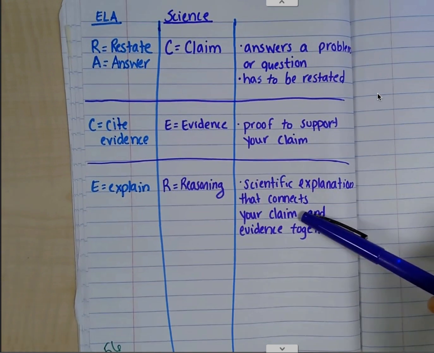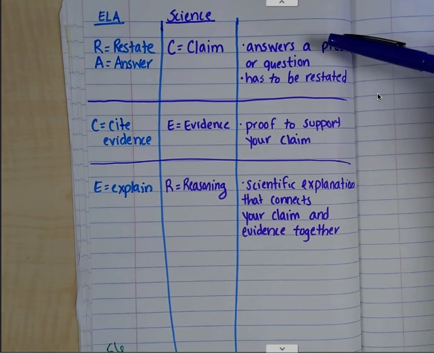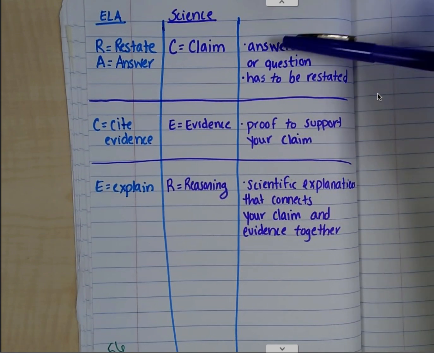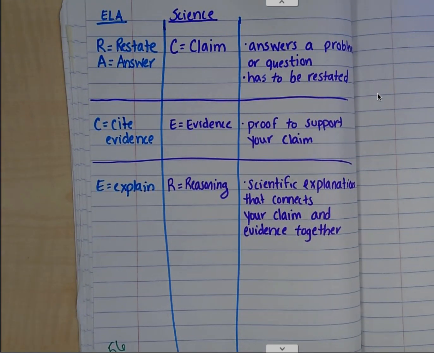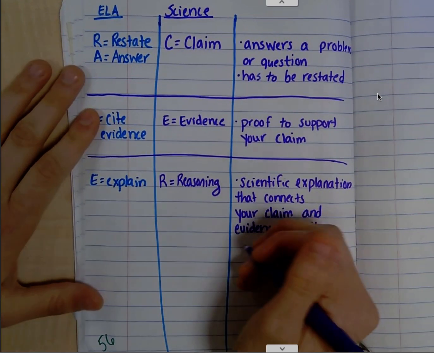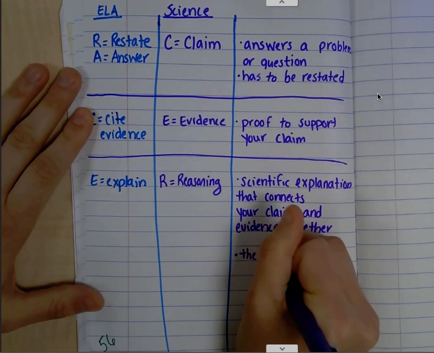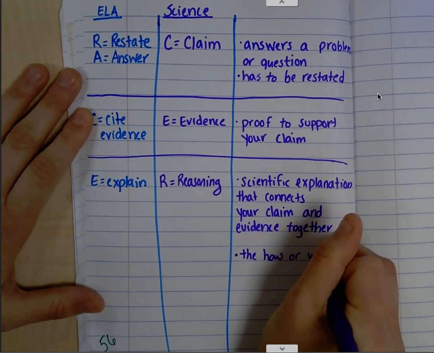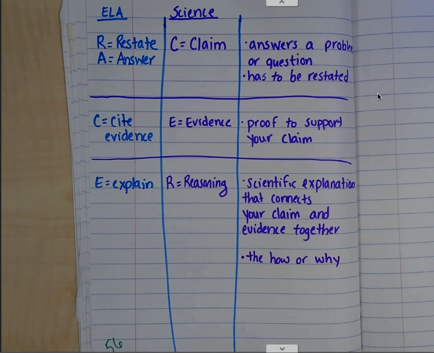And then my reasoning would be, my scientific explanation could be that we know omnivores eat both plants and animals, so raccoons eat both plants and animals. So you would just say omnivores eat both plants and animals. And basically it's the how or why. And we will get into this a little bit more tomorrow.